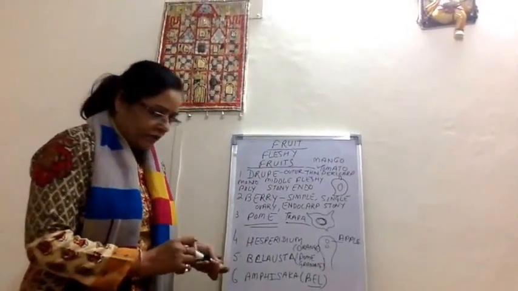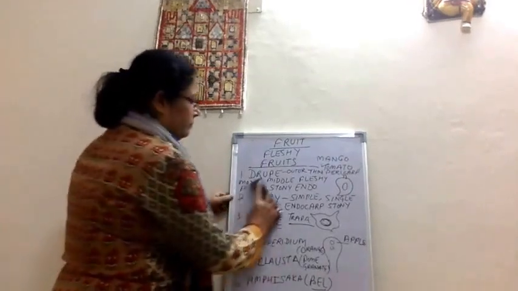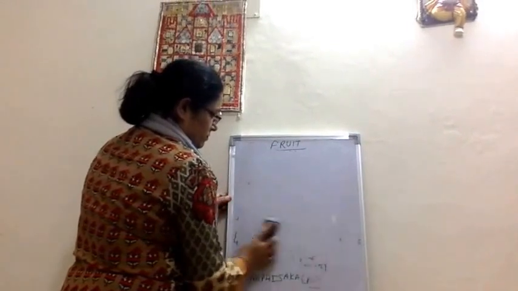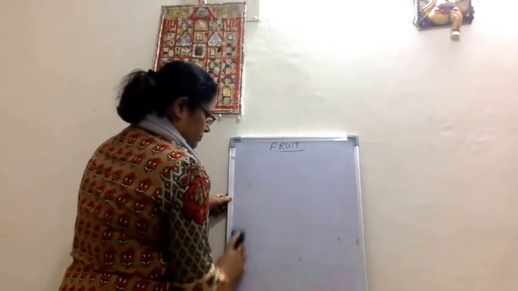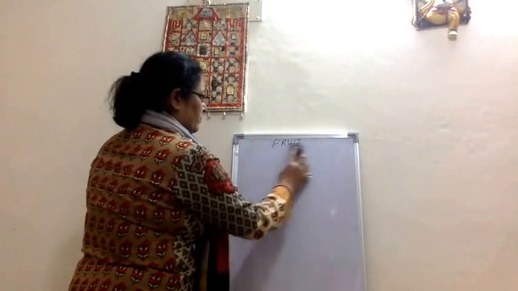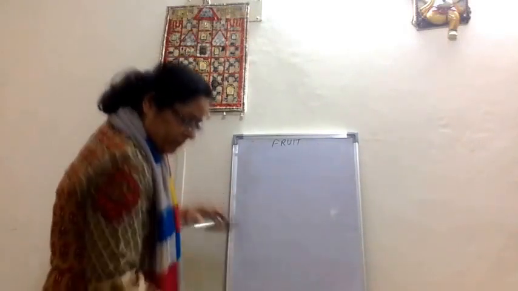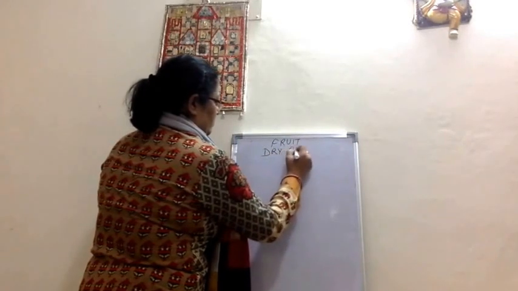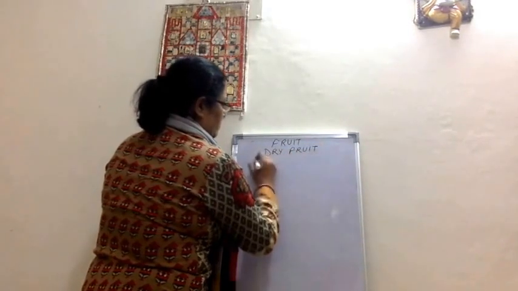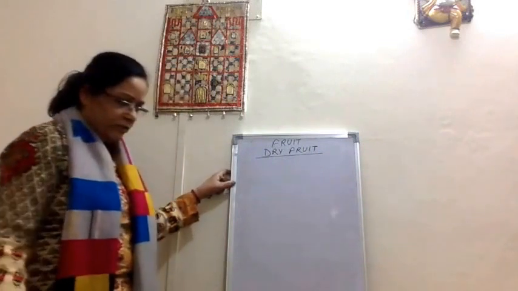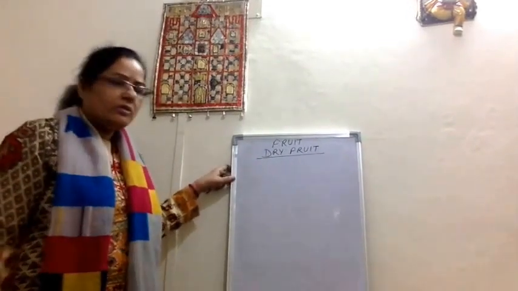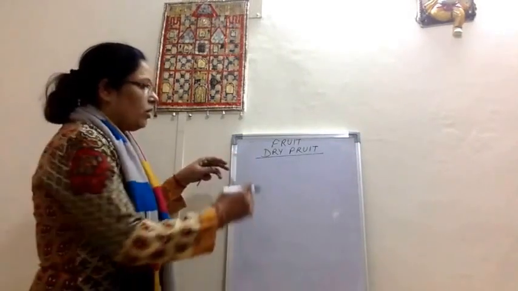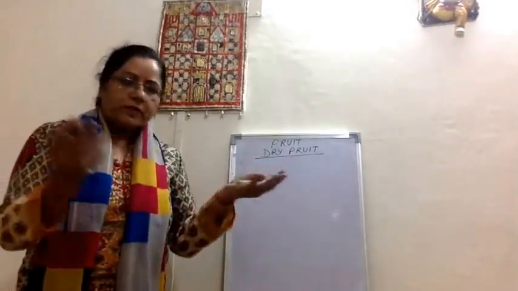Now come to the dry fruit. Dry fruits are again of four to five types according to the dehiscence, how they split open.